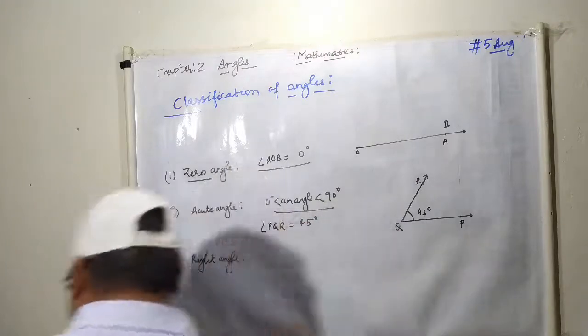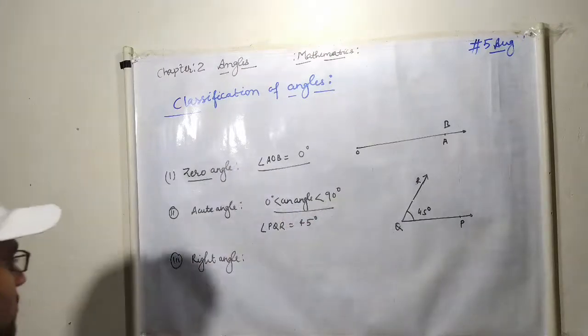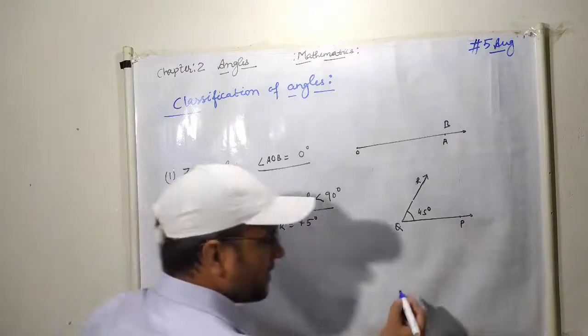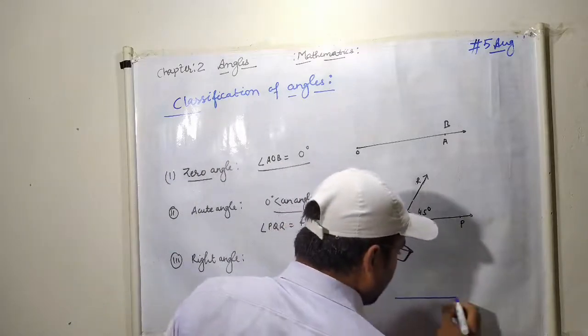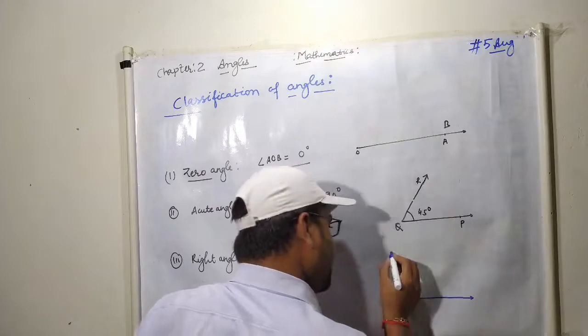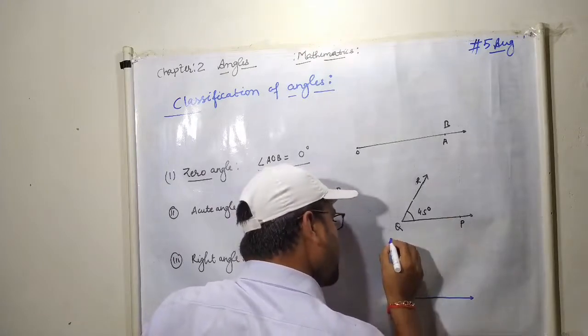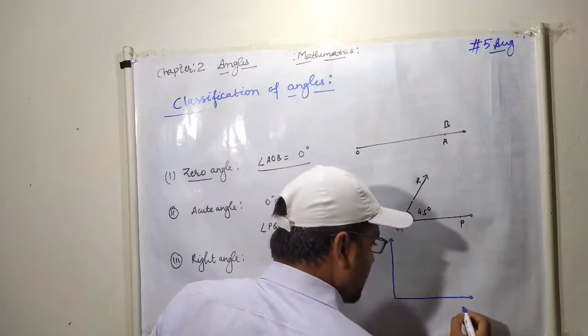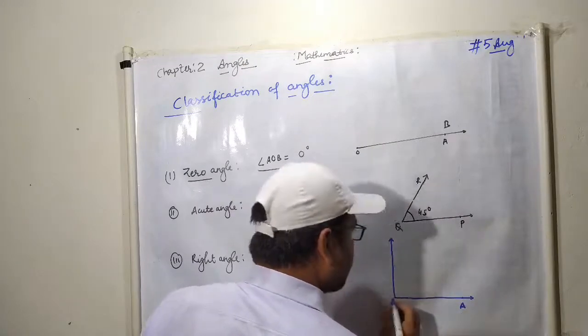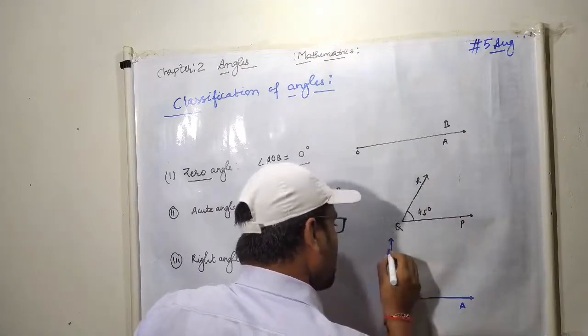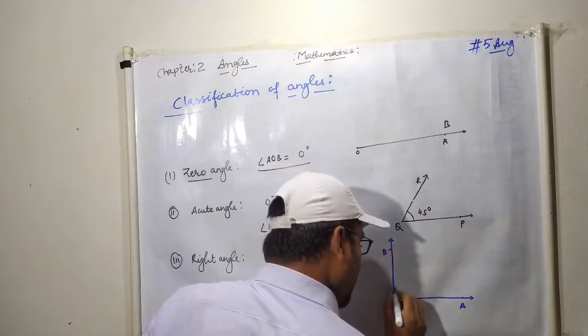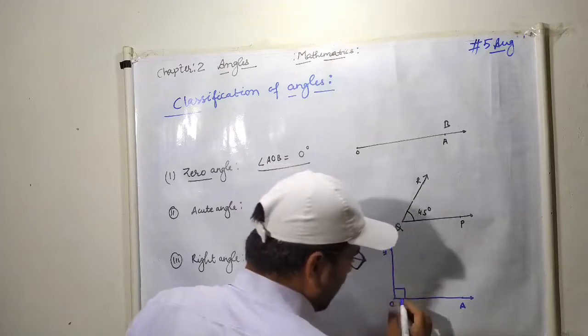Okay, so the angle whose measure is equivalent to 90 degrees, AOB, this is also a symbol.